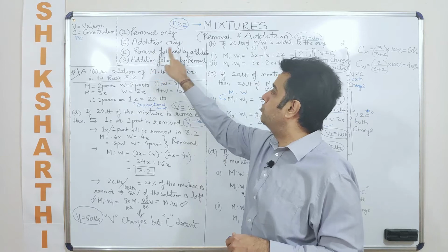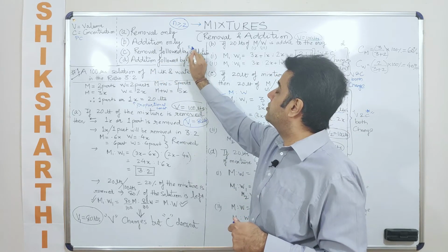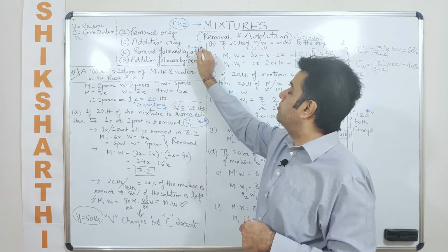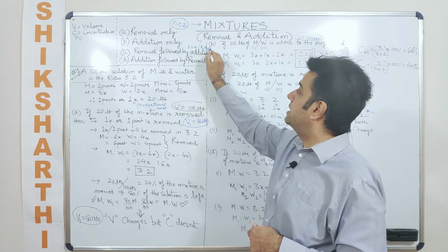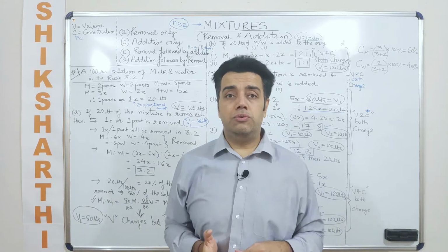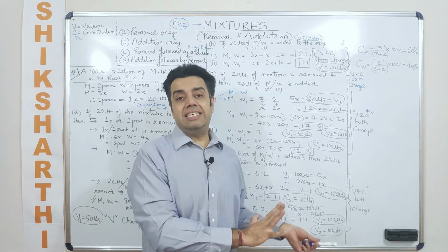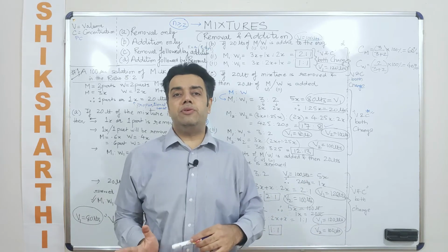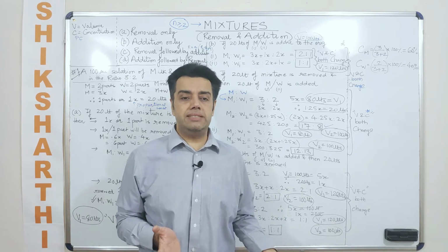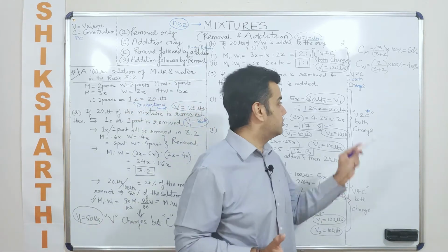For example, when I'm removing and adding, the removal followed by addition in volume may or may not be equal. In this video, we are talking about removing, let's say, 20 liters and substituting by 20 liters only. Had I removed 20 liters and substituted by 30 liters, the volume finally also would have changed, which is why I've written this.